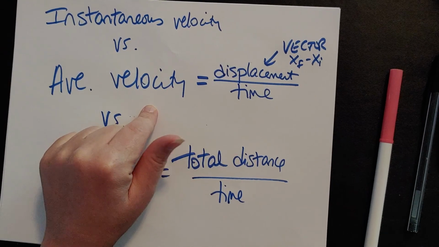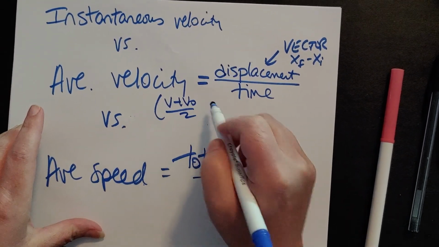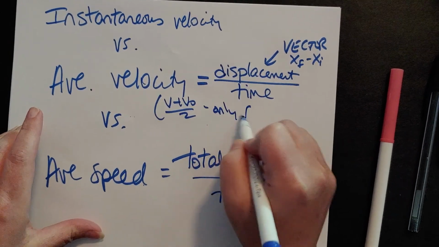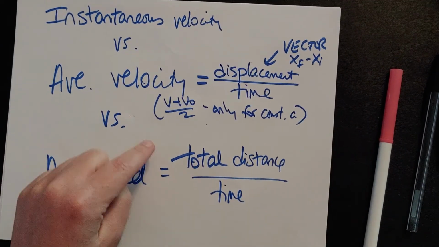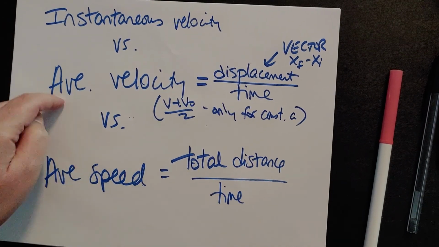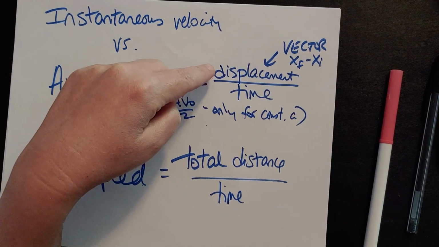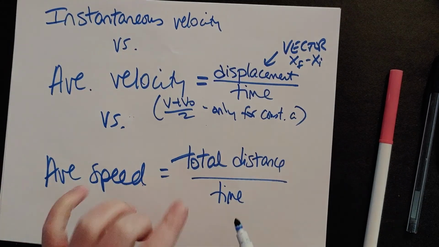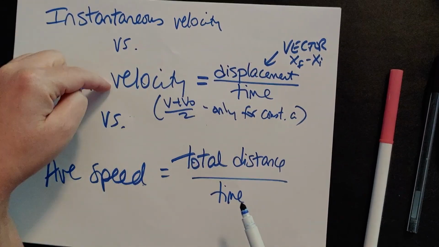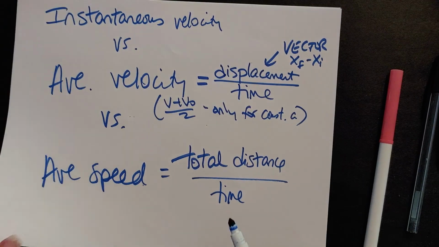That fourth kinematic equation, where it was (v plus v naught) over 2, that's only for constant acceleration. Okay, but these, my AP kids mess these up all the time. So displacement is a vector. It's final position minus initial position, and that gives you average velocity. Average speed, you get the total distance traveled. All right, that's fun.